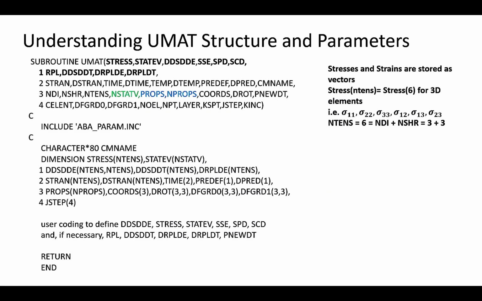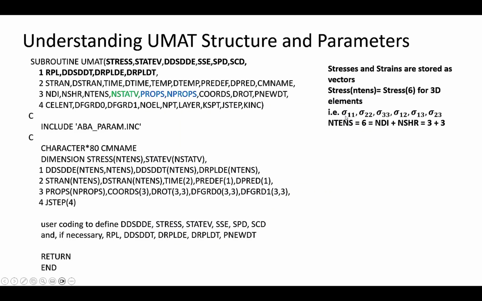So your tensor in matrix form is symmetric. So in that case, you only need 6 components of stress, where stress 1 is sigma 11, stress 2 is sigma 22, stress 3 is sigma 33, and then so on. And so stress 6 will be sigma 23.